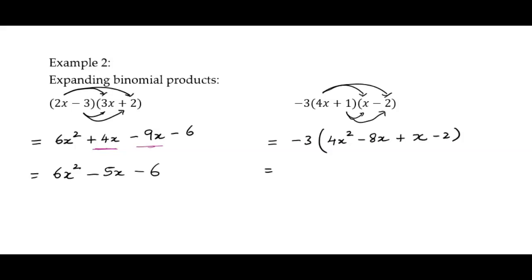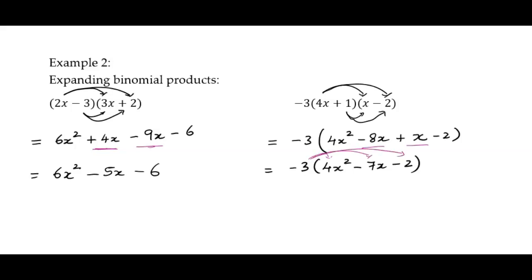Again, I'm going to collect the like terms before I multiply everything with the minus 3. I have a pair of like terms to collect: minus 8x plus 1x is going to give us minus 7x, so we have 4x squared minus 7x, and then minus 2 being the last term.